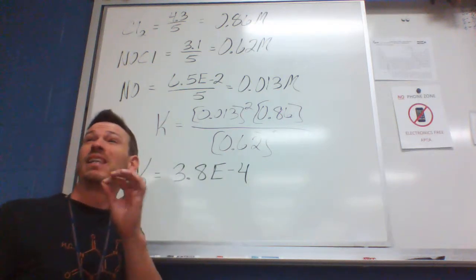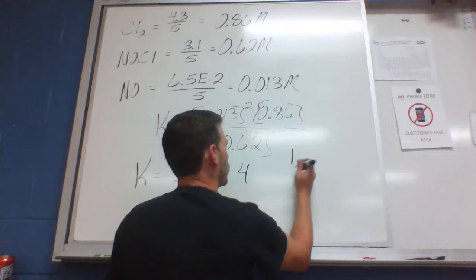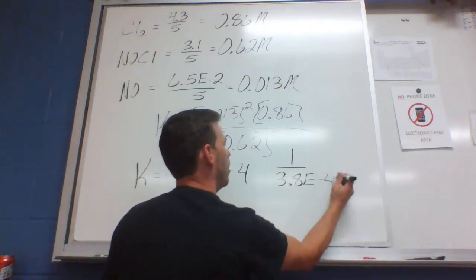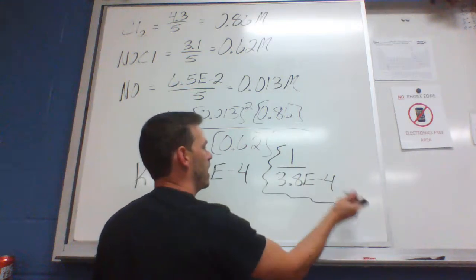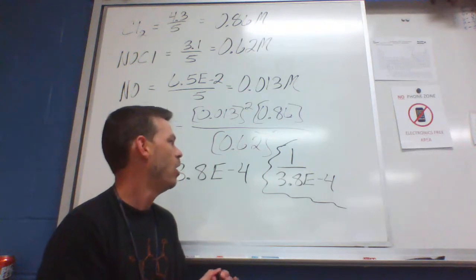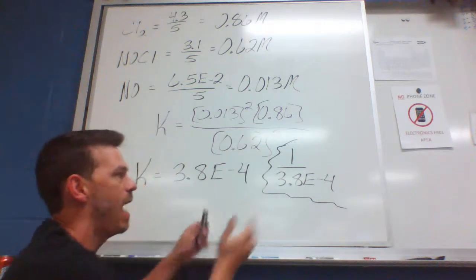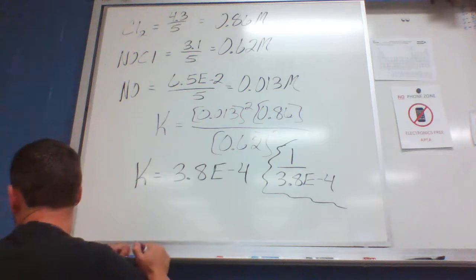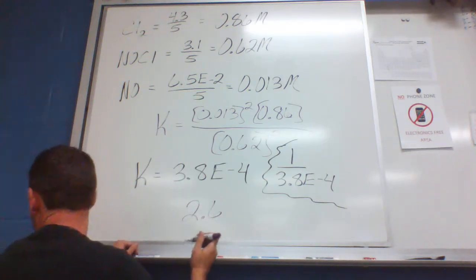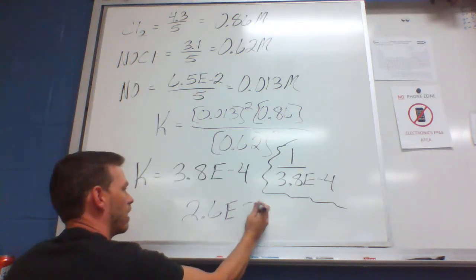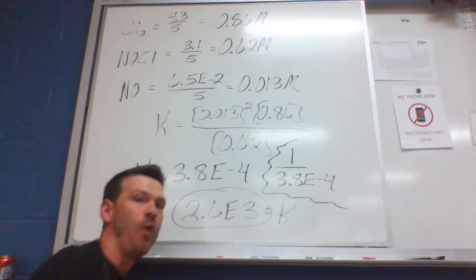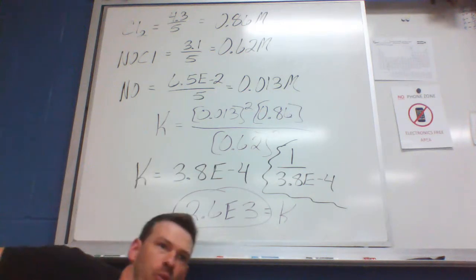So if I take the reciprocal, it then becomes 1 over 3.8 E negative 4, which again is really just dividing that as written in your calculator. So if you take that and go 1 divided by 3.8 E negative 4, you end up with 2.6 E3. And that would be your K for the reverse due to the reciprocal.